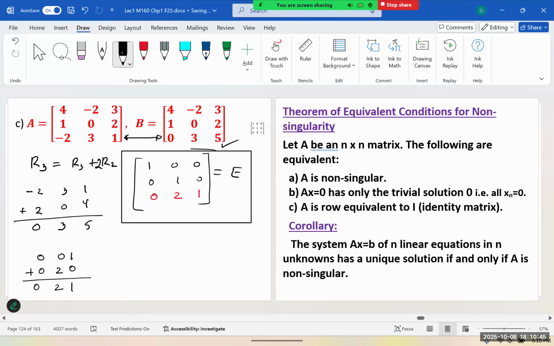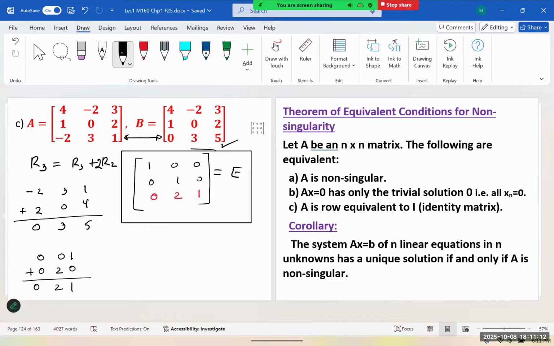Now, theorem about equivalent conditions for non-singularity. If A is a square matrix, then the following statements are equivalent. A is non-singular, meaning AX equals 0 has only the trivial solution 0, meaning all the xn equal 0.